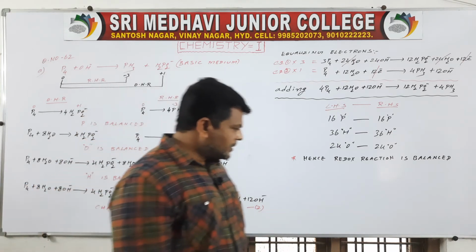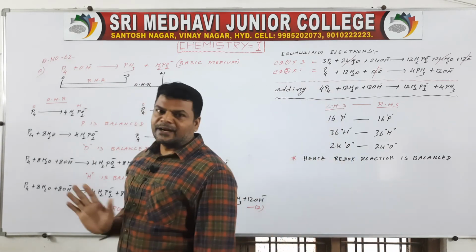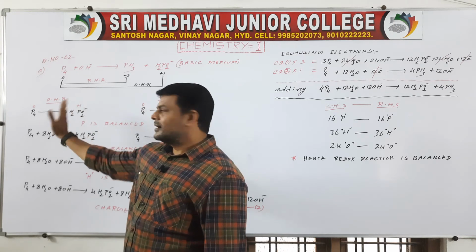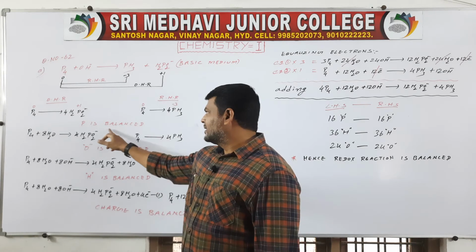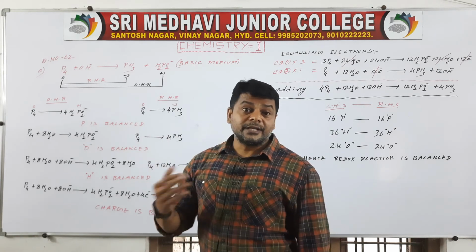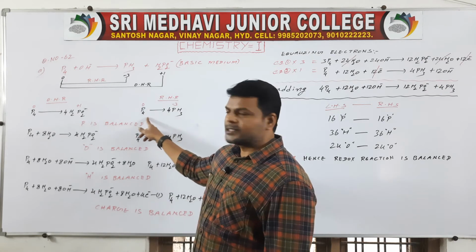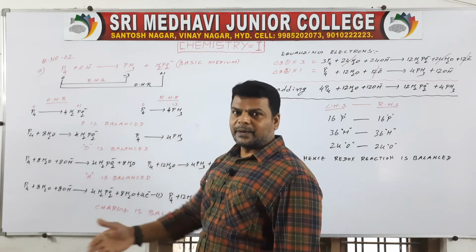Okay, so first calculating oxidation states. After that, separating oxidation reaction, reduction reaction. Then atoms other than oxygen and hydrogen are balanced. So what is other than oxygen and hydrogen? Phosphorus. So balanced. Next, oxygen balanced.